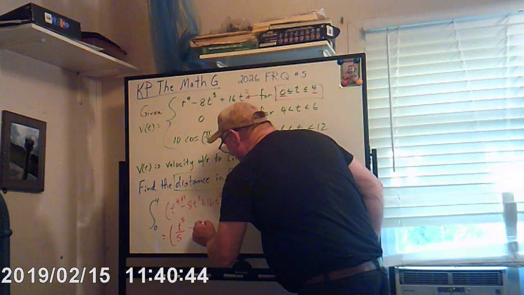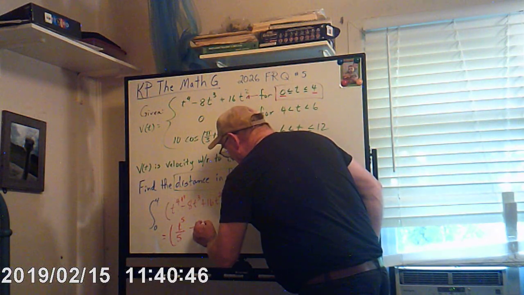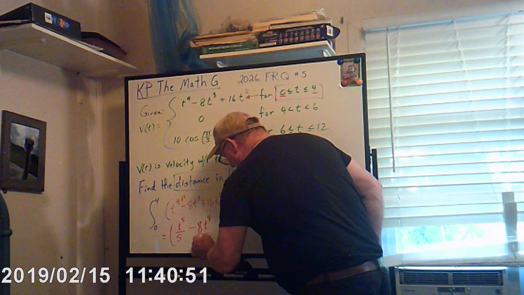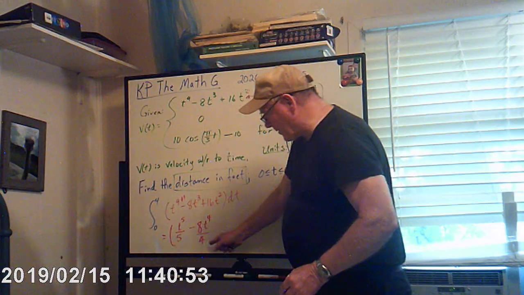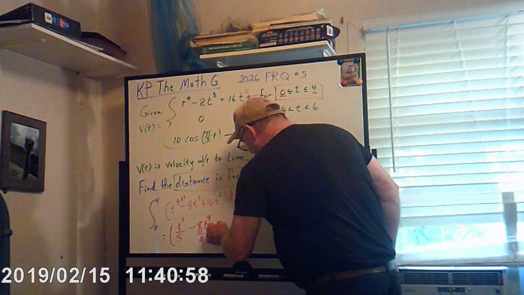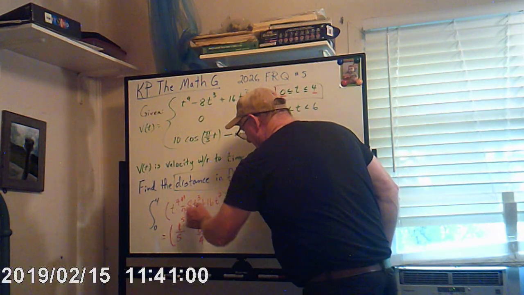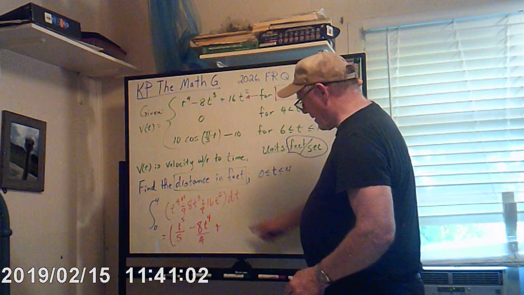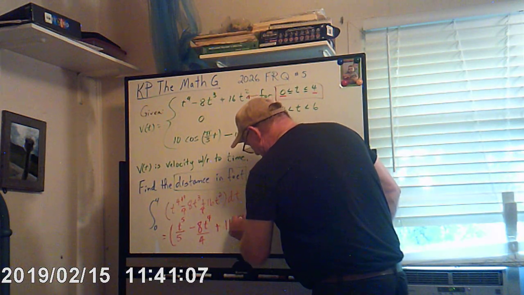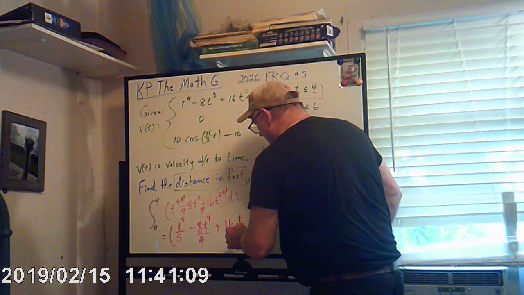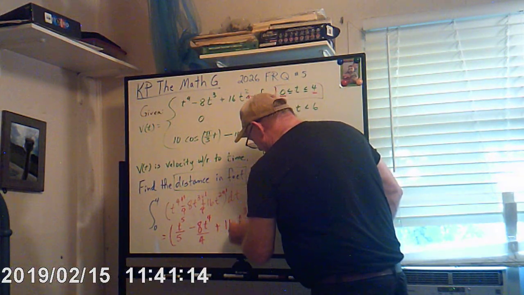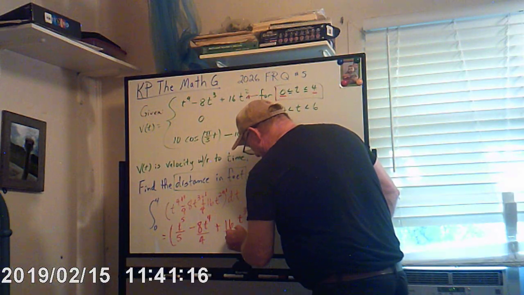So here we go again. t to the 4th over 4, minus 8, and 8 over 4 is 2. You can reduce that later. Keep going. Don't forget your signs: minus here, plus here. Then 16 times t. You're going to add 1 to that exponent: 2 plus 1 is 3. Put that 3 underneath here.